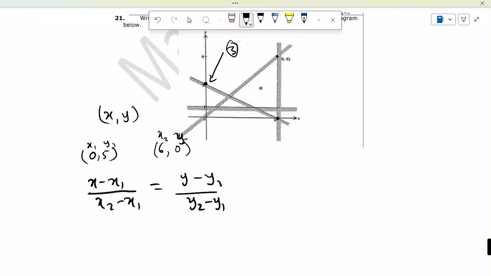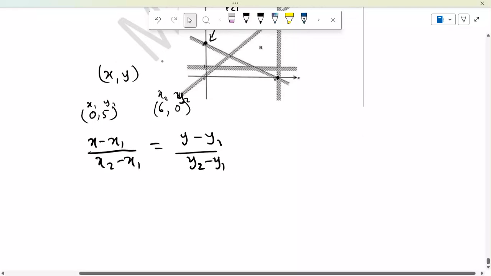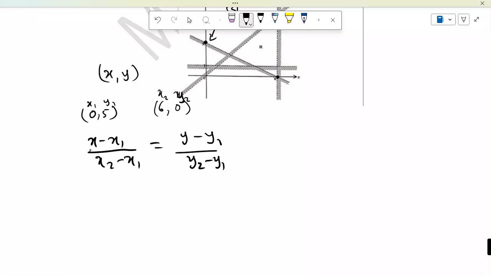Then we put the values in this equation. So we have x minus x1, 0, over x2, which is 6, minus x1, 0, equal to y minus y1, 5, over y2, which is 0, minus y1, 5.